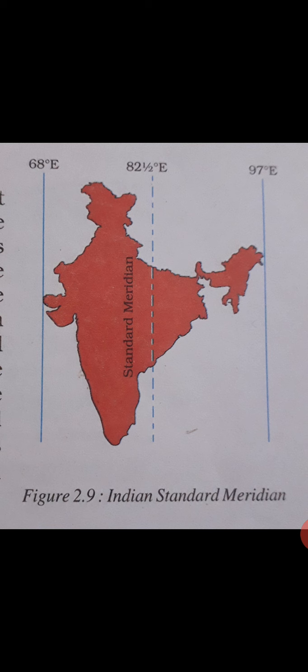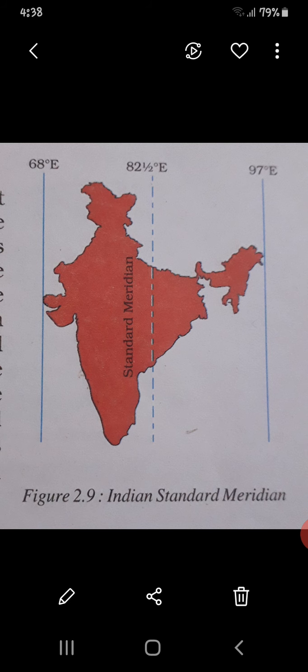Okay, I hope you have understood whatever I had spoken to you. We spoke about longitude and time. We spoke about the zero meridian. When the sun is directly overhead at the zero meridian, it is 12 o'clock noon, and just opposite to the zero meridian we have the 180 degree longitude, which will be midnight.